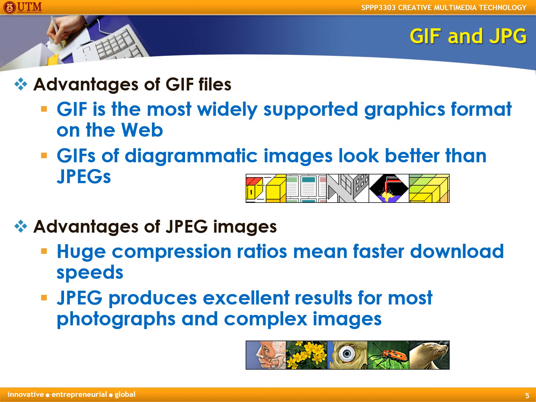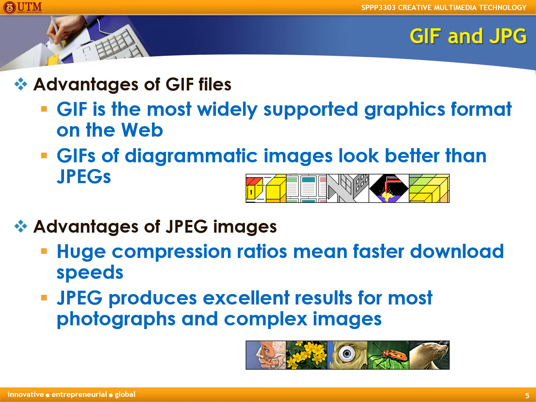The advantages for both of these formats: first, for the GIF, it's most widely used to support graphics on the web, as I mentioned, when we need diagrammatic images that look better than JPEGs. We need something to move. We need something to put some lights to give some attention. This is where we use GIF.